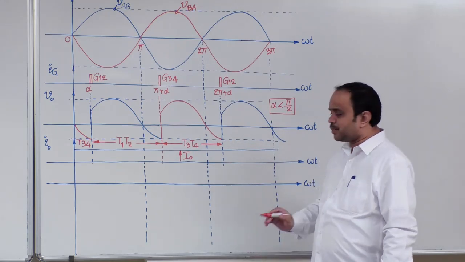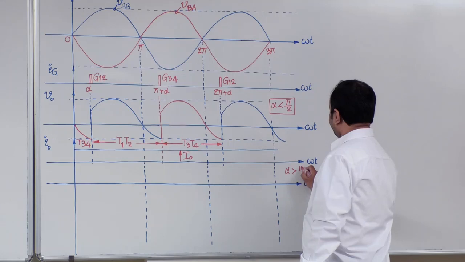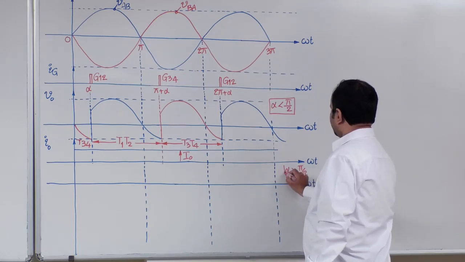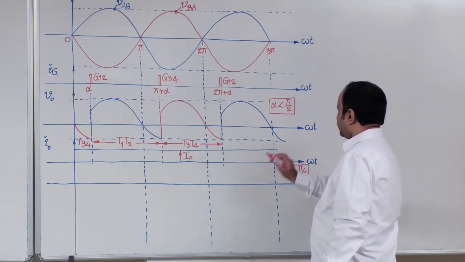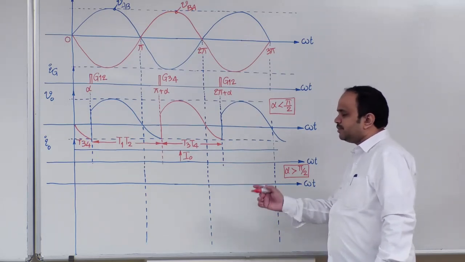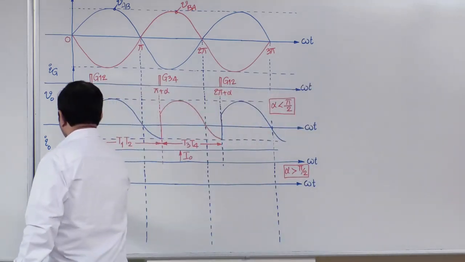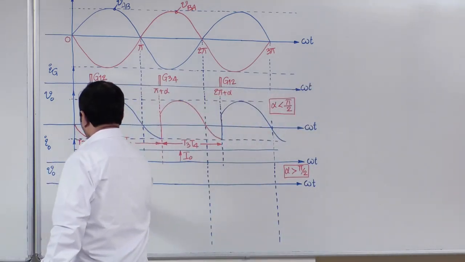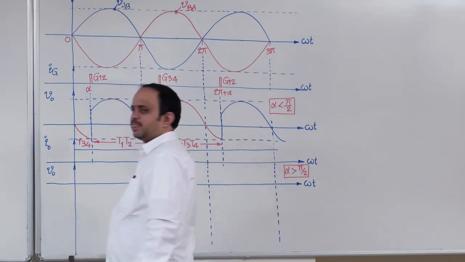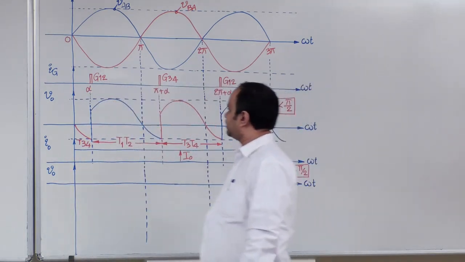Okay. Suppose alpha is greater than pi by 2, that is either 120 degree or 150 degree. What will be the output voltage? We'll see. I am going to draw the output voltage waveform for alpha either 120 or 150 degree.